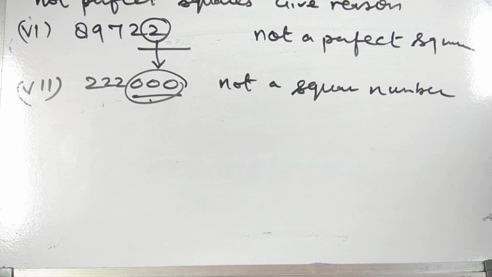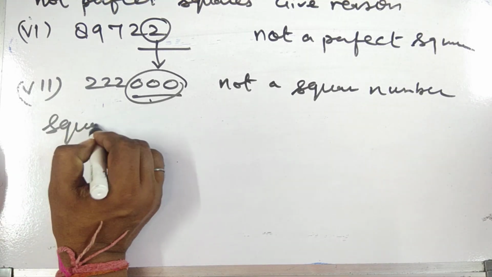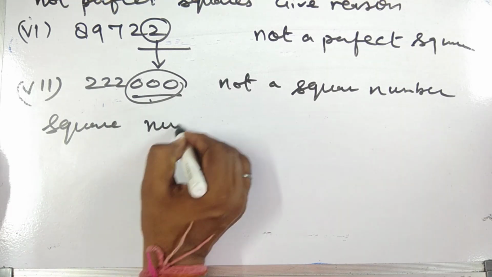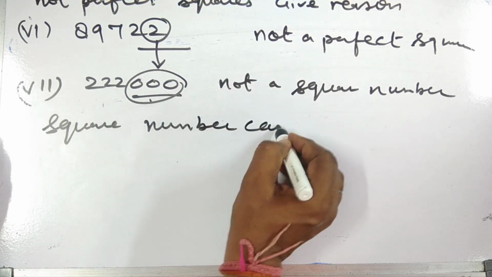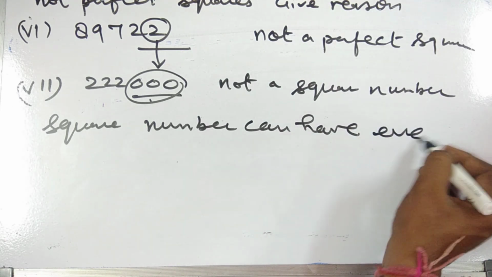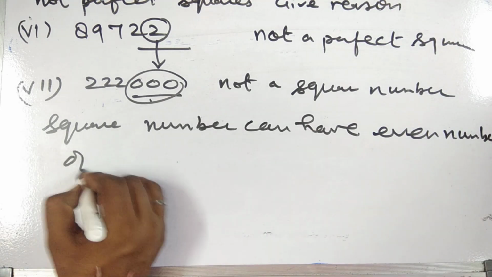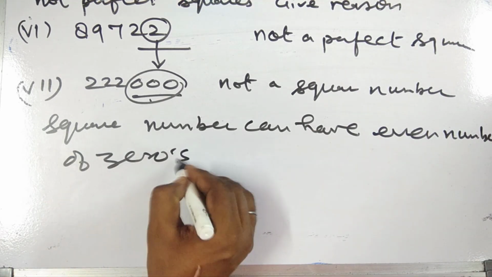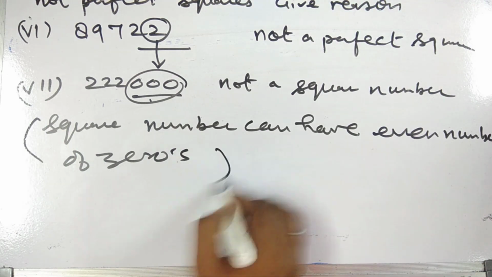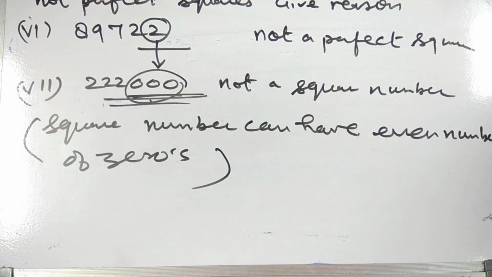But a square number can have only an even number of zeros. But in this number only 3 zeros are given, so this is not a square number.